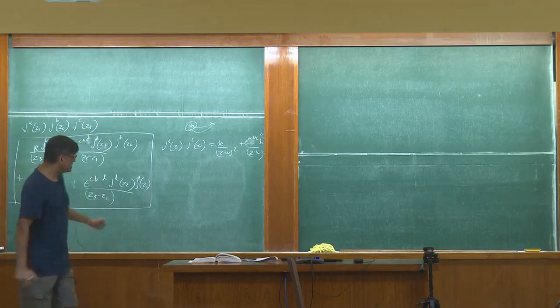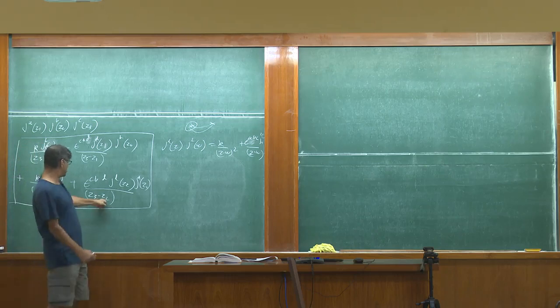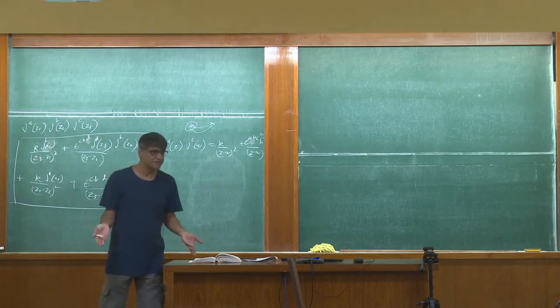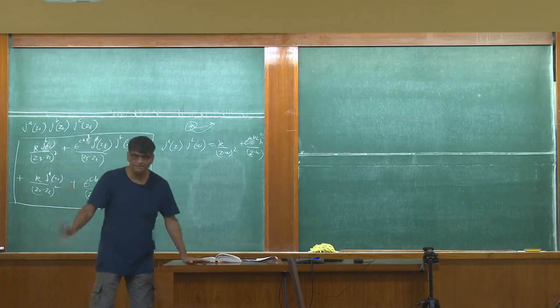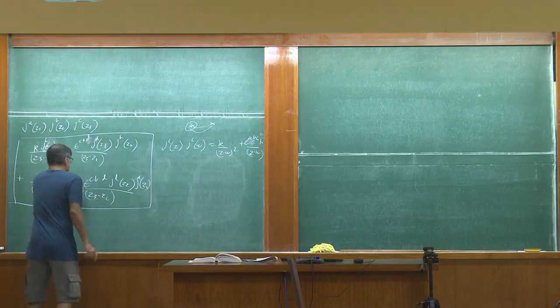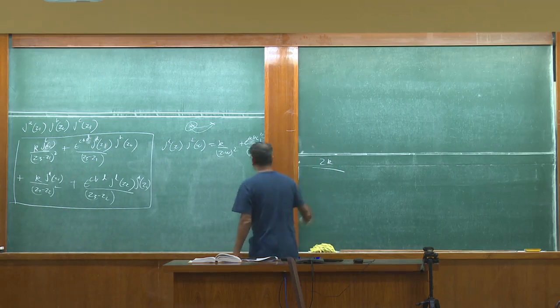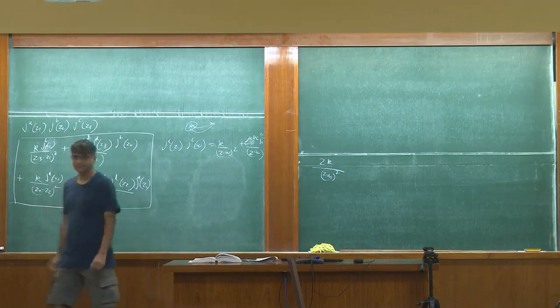So let's say we take the limit 2 goes to 1. Here we can just replace z2 with z1 because the higher order Taylor expansions will be proportional to z21 and so vanish as 1 goes to 2. Is this clear? So these two terms are very simple. We just get 2k divided by z31 the whole thing squared, because 2 has gone to 1.